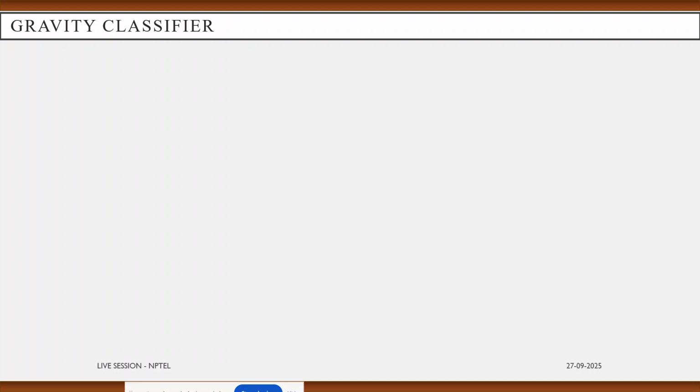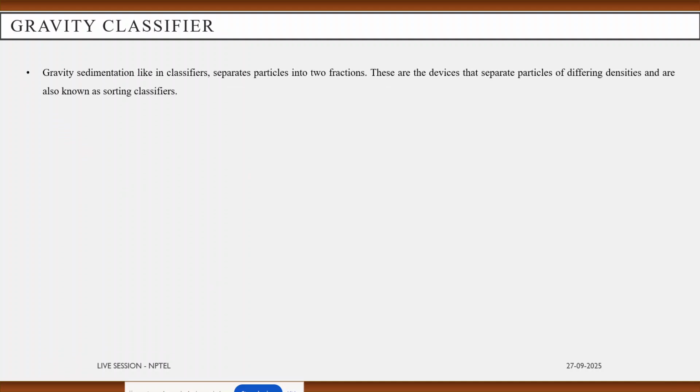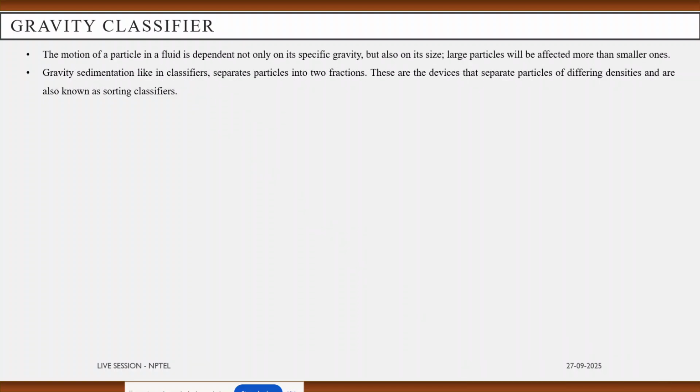So next one we are going to discuss the classifiers, that is gravity classifiers. The motion of a particle in any fluid medium is highly dependent not only on the specific gravity, but also on its size.